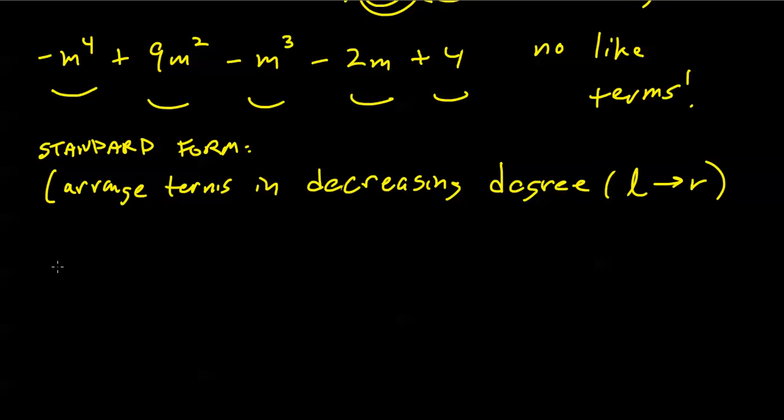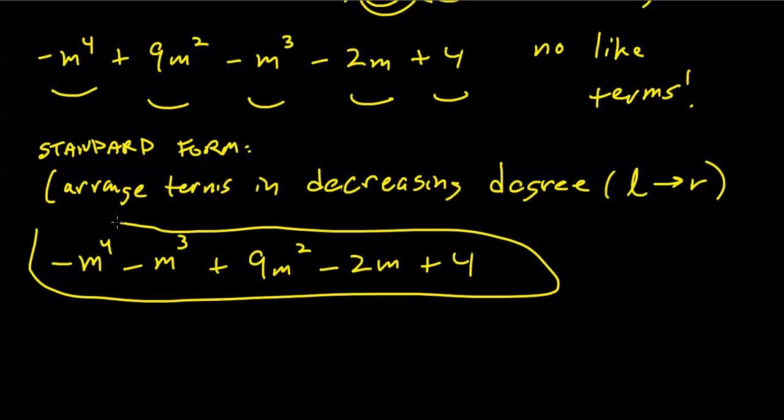As long as I tag along that negative sign, I can rearrange these terms in any order I like. So I'll take the degree 4 term, and then the degree 3 term, then the degree 2 term, then the degree 1 term, and then the degree 0, or the constant term.